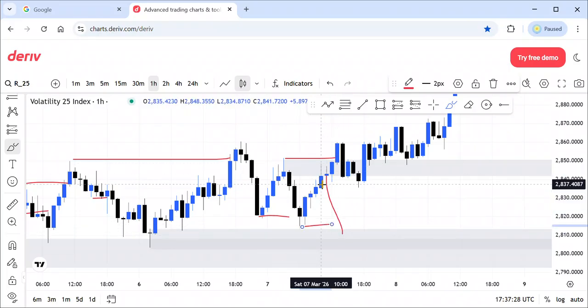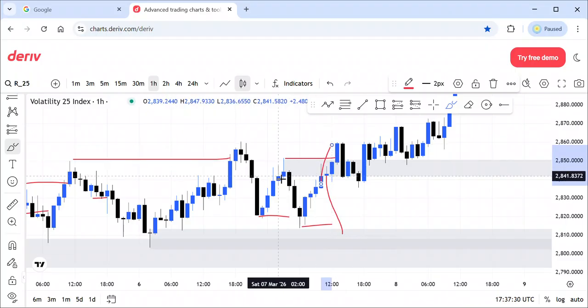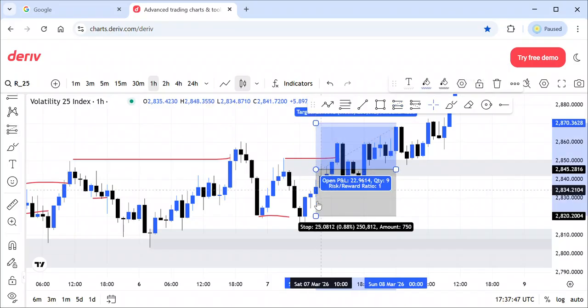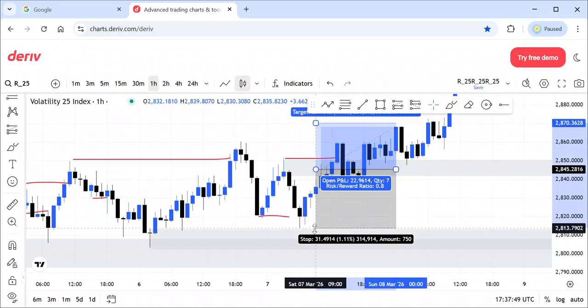But fortunately, what happened? Market broke out from the order block. Like I said, breaker block simply means failed order block. So now, since market has broken out from our order block, since we want to buy, you have to buy. So this is how to buy. Just put your buy on the breaker block. Then your stop loss is going to be below this low.